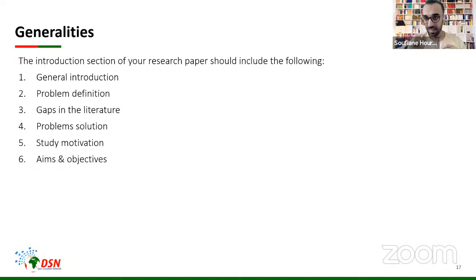We need to highlight them with clear objectives. And after having results, we can present the significance and advantages of this work. We need to highlight why this work is important.